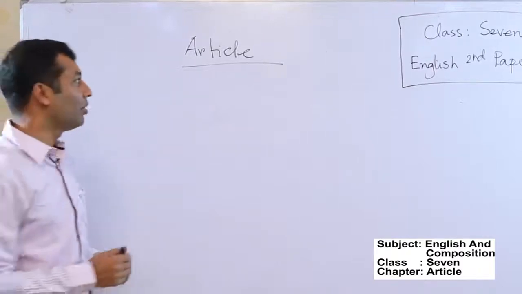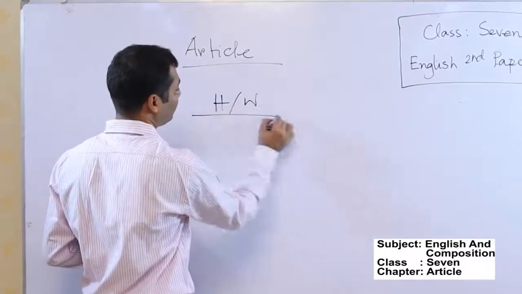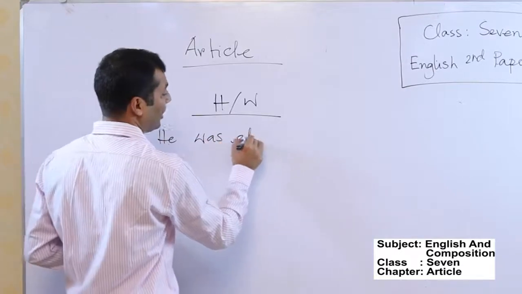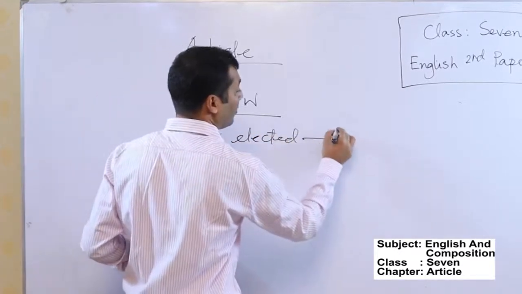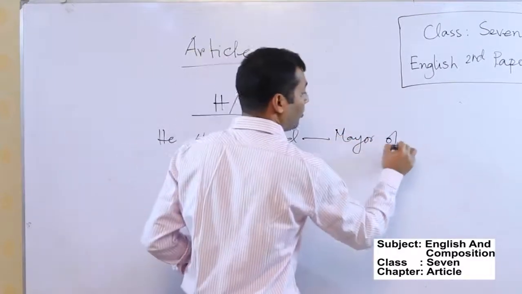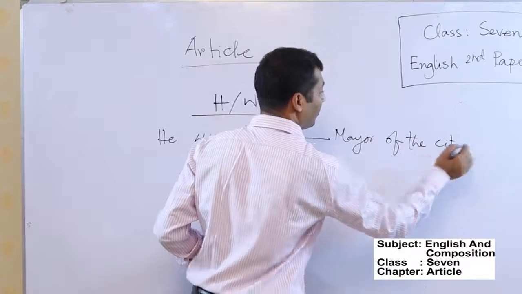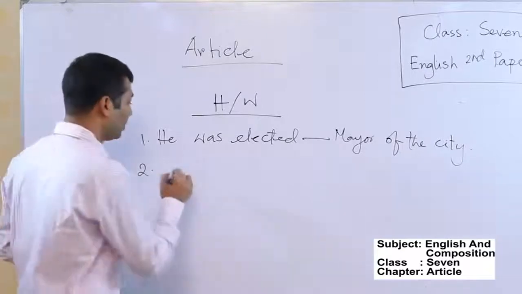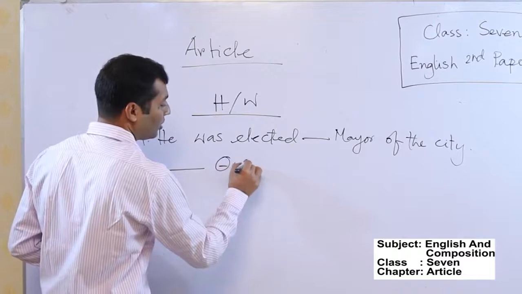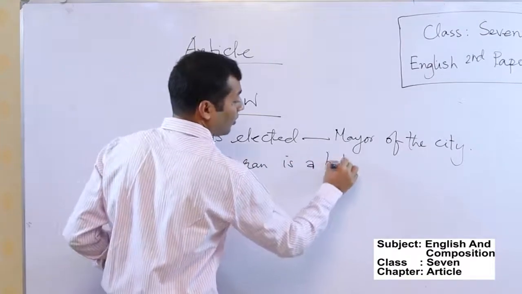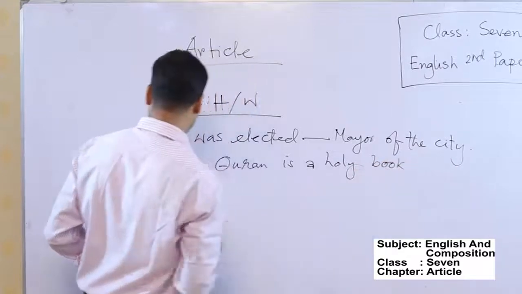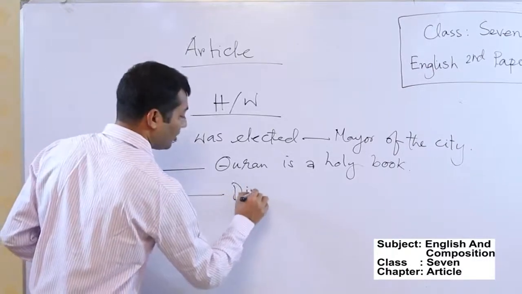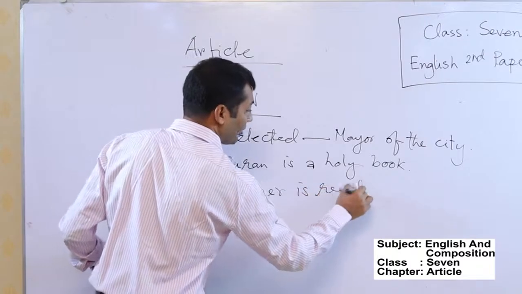So let me give you some examples for today's class homework. Number 1, he was elected mayor of the city. Number 2, dash Quran is a holy book. Number 3, dash dinner is ready.